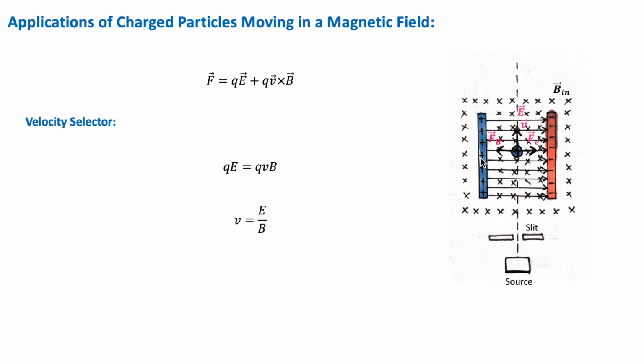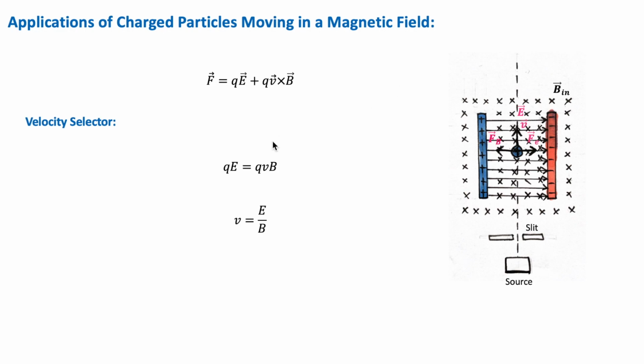B, which is Fb here, is directed to the left, and the electric force qE, which is Fe, is directed to the right. So if the magnitudes of the fields E and B are chosen such that qE is equal to qvB, then the particle won't feel any force because the net force on it is zero, and it will continue its straight line motion through the region containing the fields without being deflected, right?